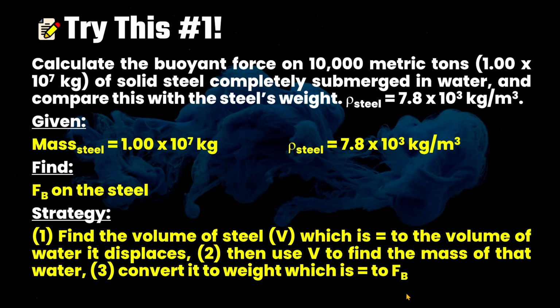Because we already have the mass but we don't have the volume, we have to find first the volume of the steel, which is equal to the volume of water it displaces. Number 2, we'll use the volume to find the mass of that water using the density formula. And lastly, we'll convert that mass to weight, which gives the buoyant force.